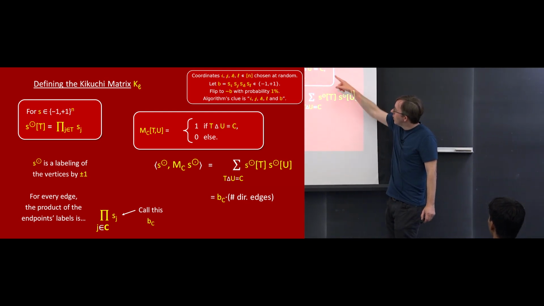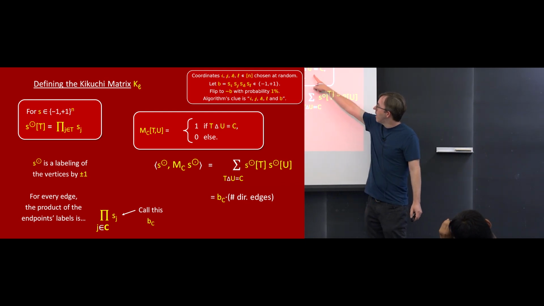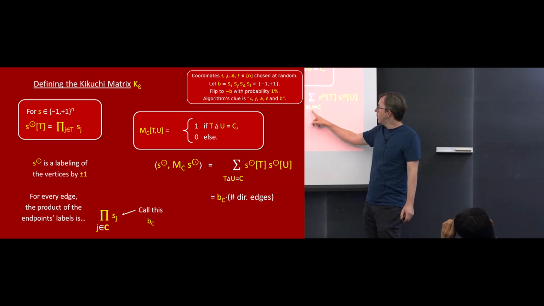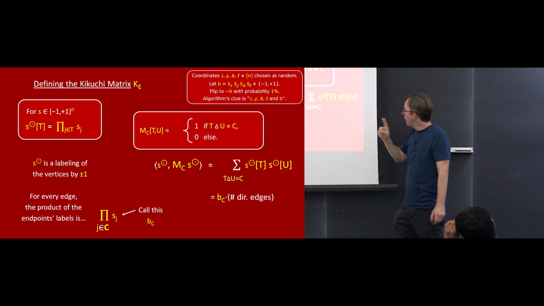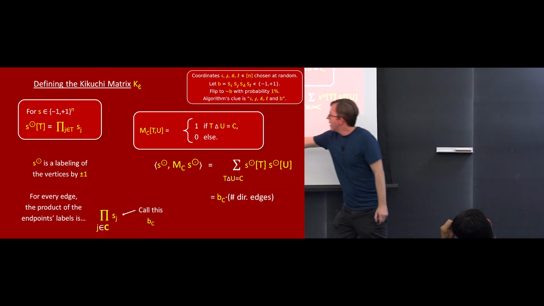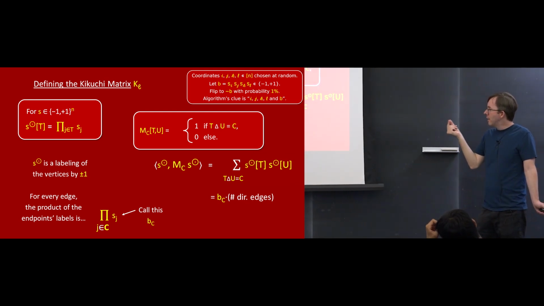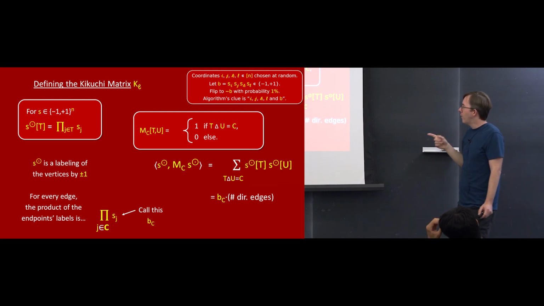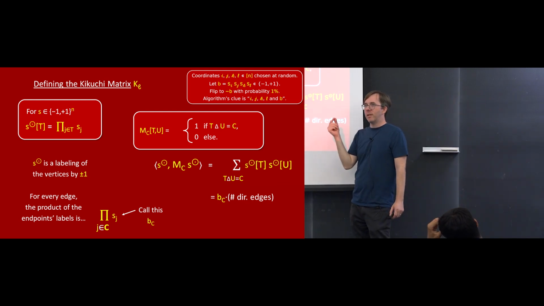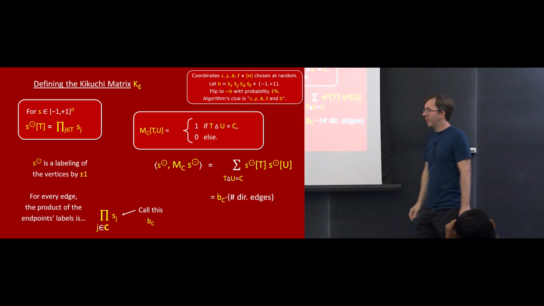If you look at this definition of the matrix here, you basically sum over all entries in the matrix that have a 1, so it's the sum over all T and U, whose symmetric difference is C, of S dot's entry for T and for U. And we know what that is. That's exactly this B sub C. So we just count this B sub C many times, like 1 time for each edge in the graph. Okay, if you want to be really formal, it's sort of like 2 times the number of undirected edges, or just the number of directed edges in the graph.